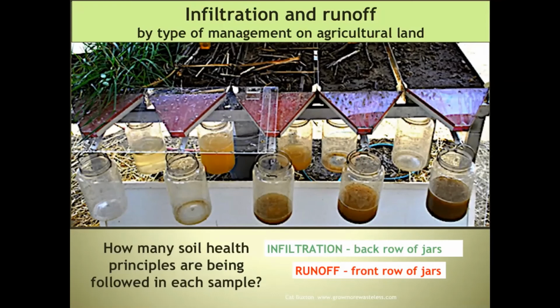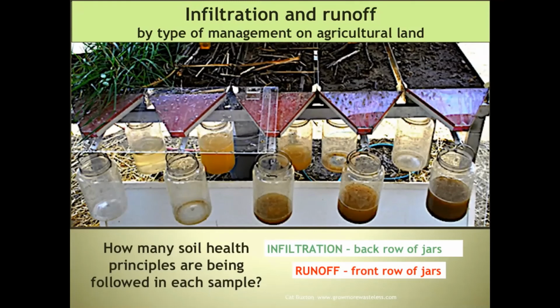And what we're looking at here are basically 5 cookie cutters of different types of land management, but the same kind of soil. So the same ratio of sand, silt, and clay in each one of those cookie cutter boxes with different land management on top. On the left side, we're looking at what I like to refer to as the soil health principles in place. We have living roots in the ground.